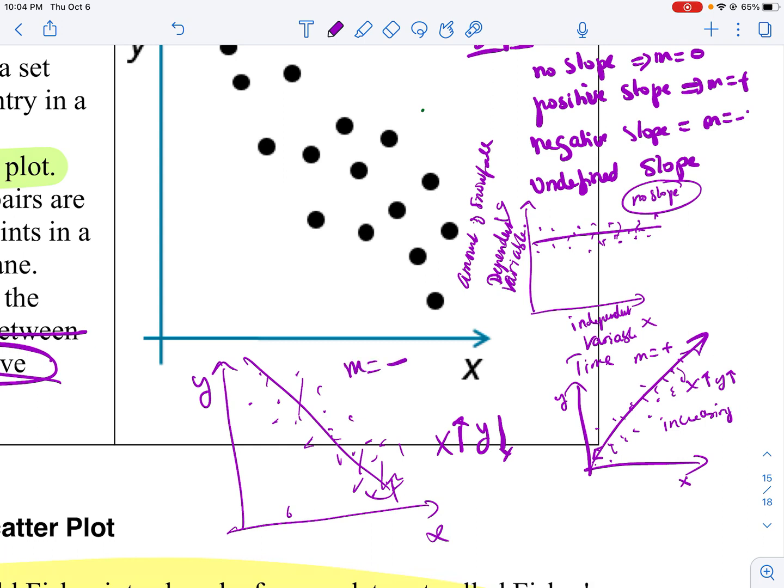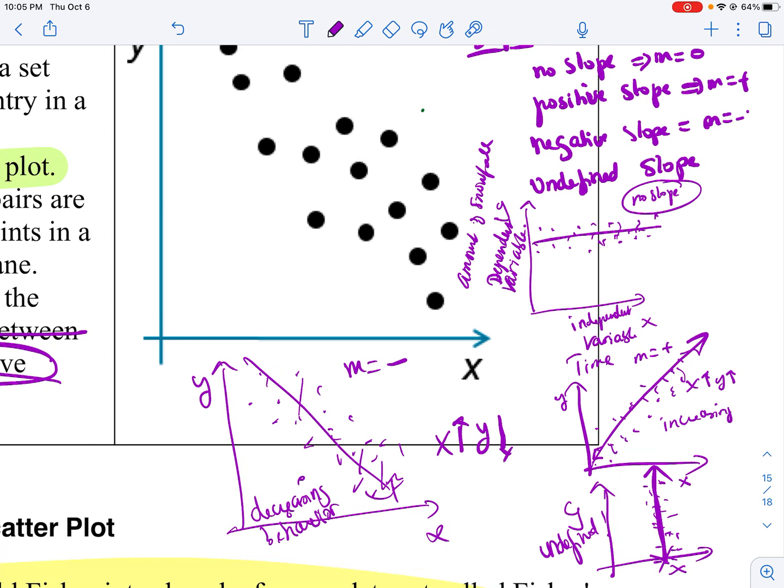Decreasing. This is where your slope is negative. Decreasing behavior. And finally, the undefined slope is when, in fact, this is what you see. There goes the relationship. This is undefined.